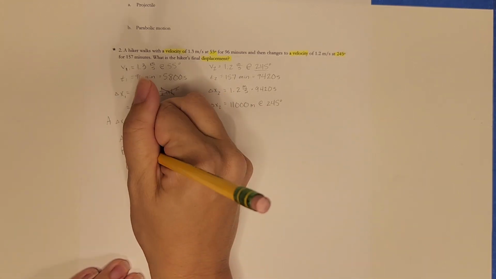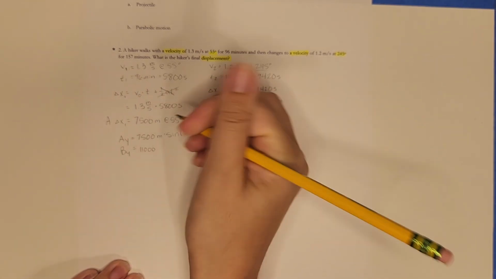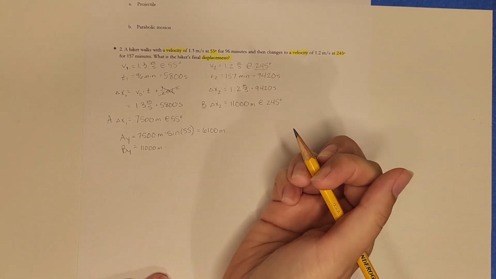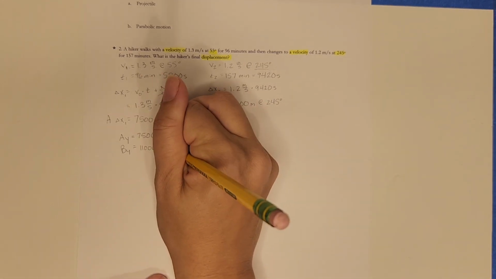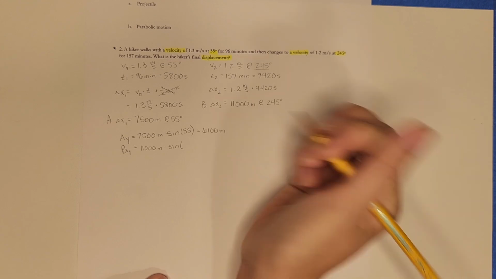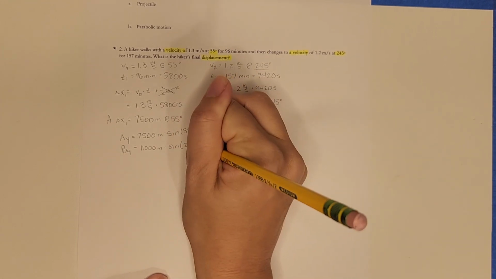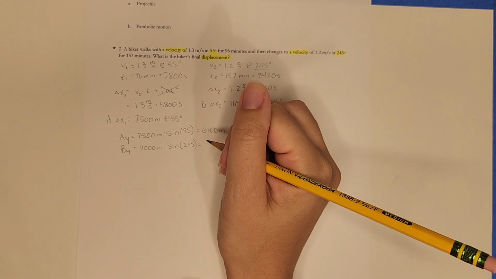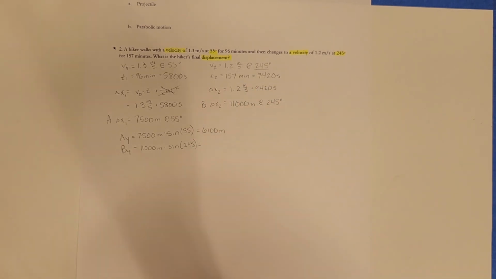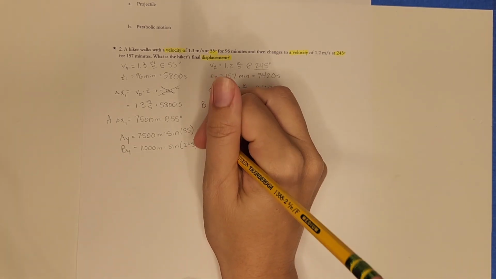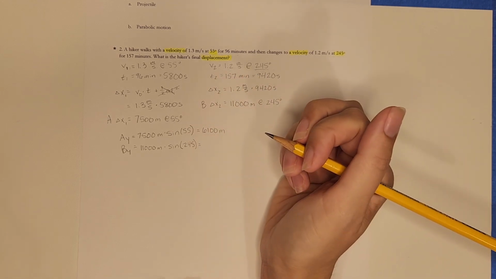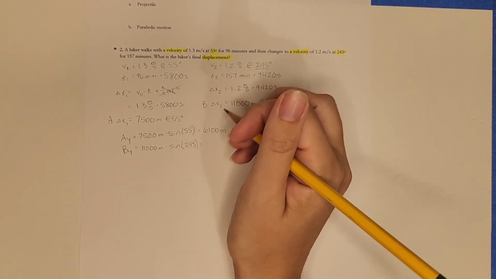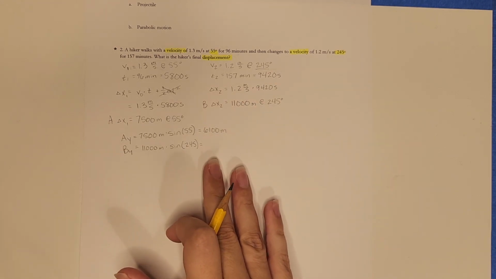So my b y is 11,000 meters times the sine of 245 degrees. And so for my b y, I'm going to get 10,000.